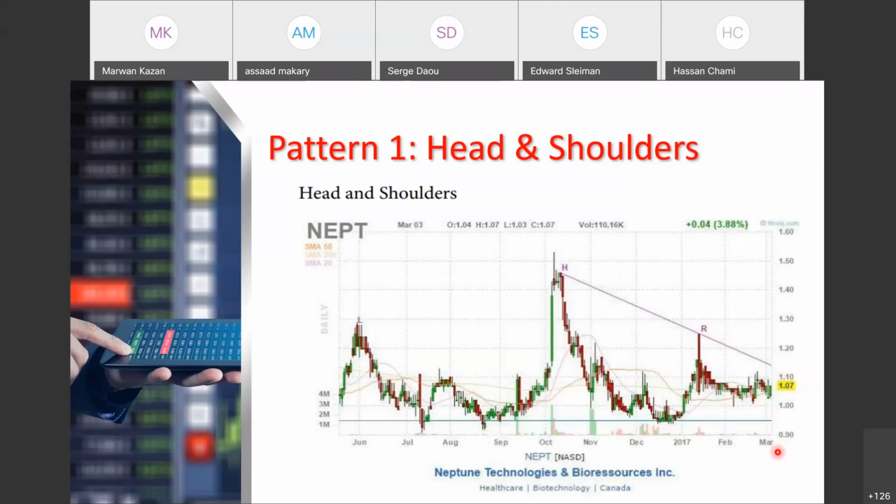And note, you can see the head and shoulders inverted, guys. You may see the head down, it's not only like ups. It may be inverted, and the neckline will be up, and it will break the neckline going up, not going down. So this is basically the head and shoulders.